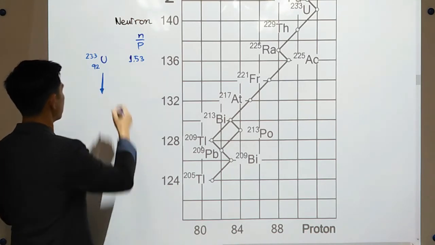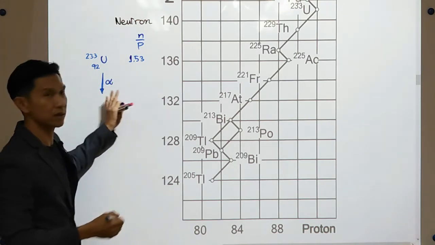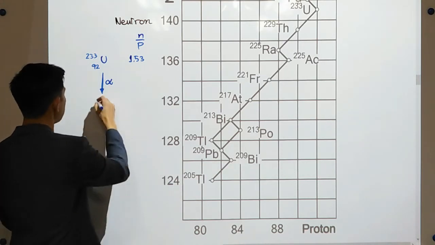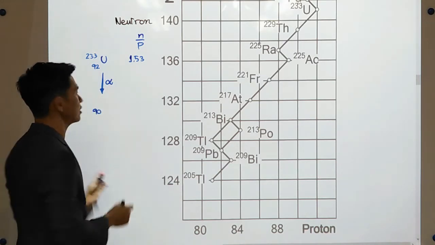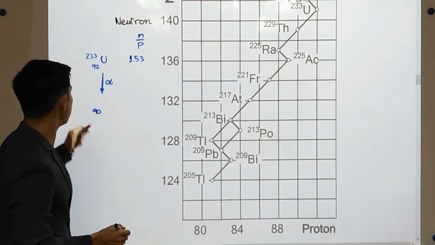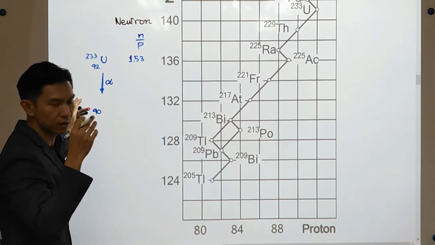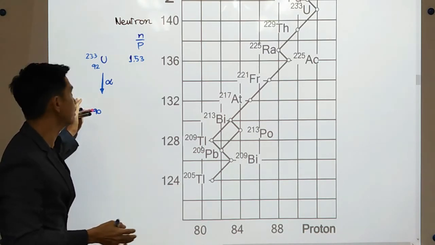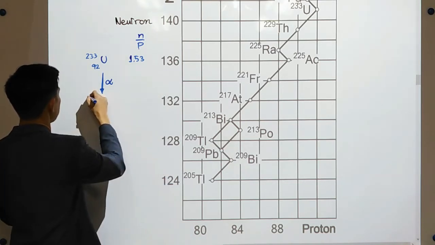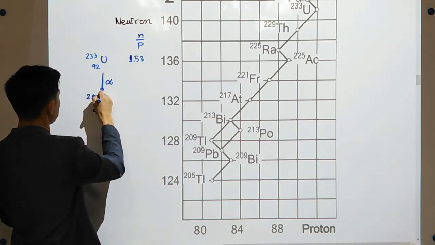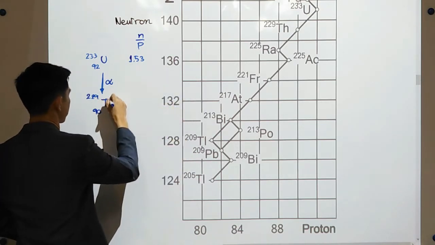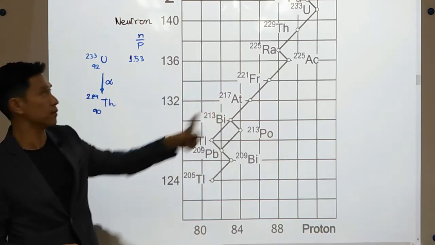It decomposes by eliminating alpha particles, releasing 2 protons and 2 neutrons. So releasing 2 protons, you have only 90 protons left in the system, and then it releases 2 neutrons as well. So the mass number drops by four units, and it would be 229, yeah, and 229 over here is your thorium. So that is that one.